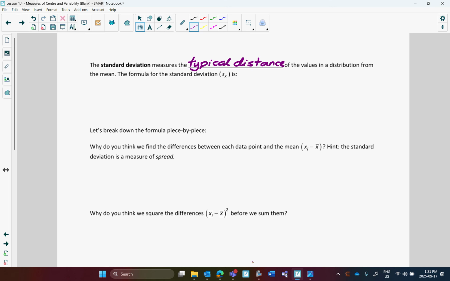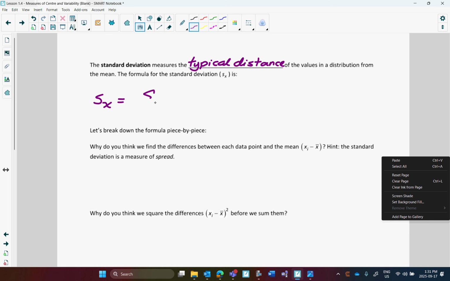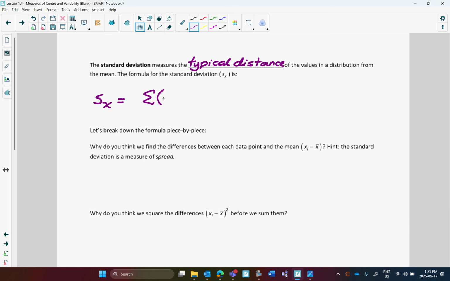So here's what we do instead. Here's the actual formula. Again, you will be given this on the formula sheet. And we use s subscript x for standard deviation. Well, we're going to take the sum of every data value minus the mean of the distribution.